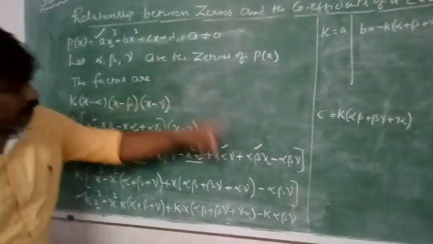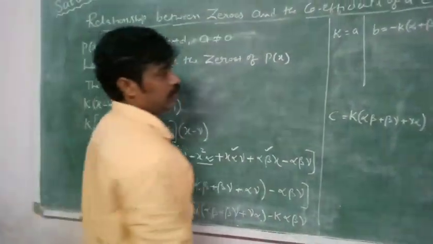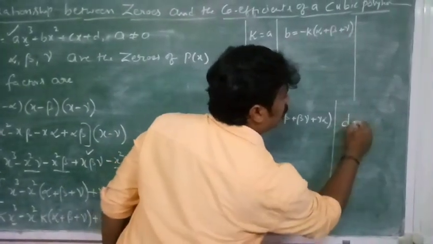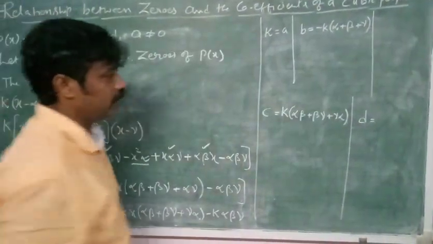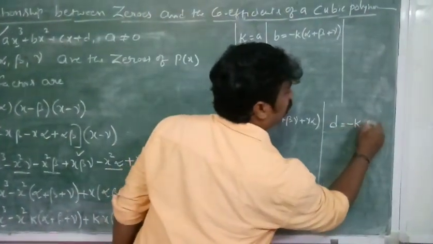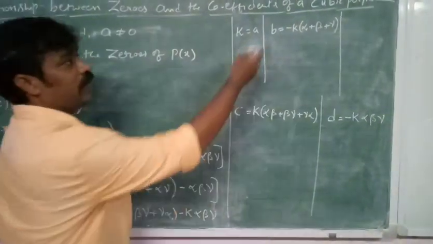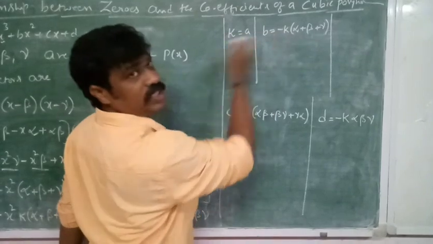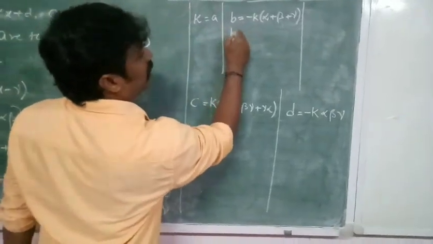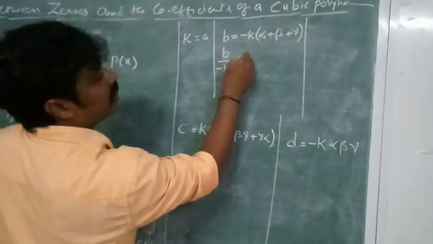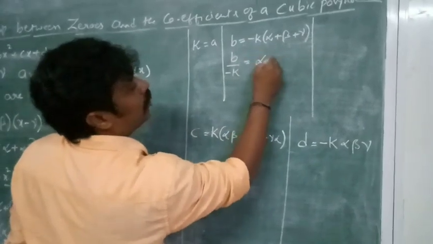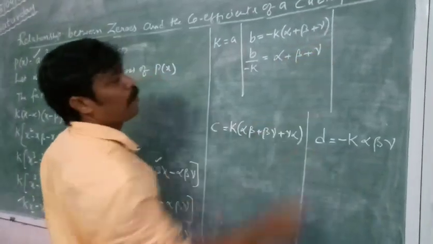Similarly, if you compare the constants, then d is equal to, here we have, minus k alpha beta gamma. So if you bring minus k to the left side, then b by minus k is equal to alpha plus beta plus gamma.